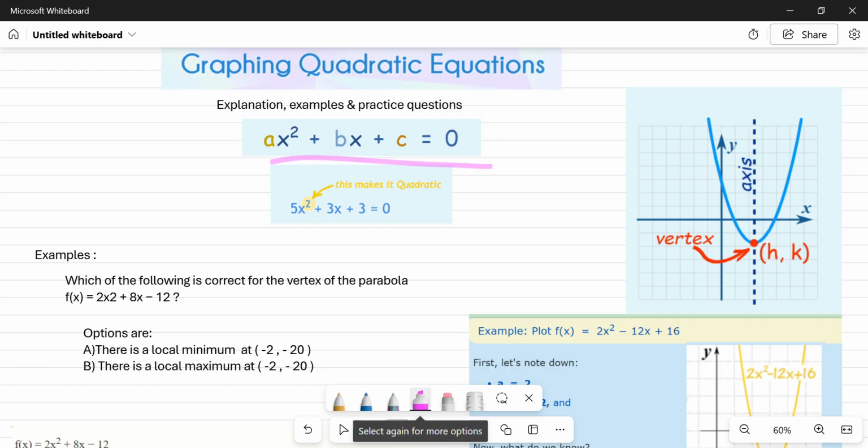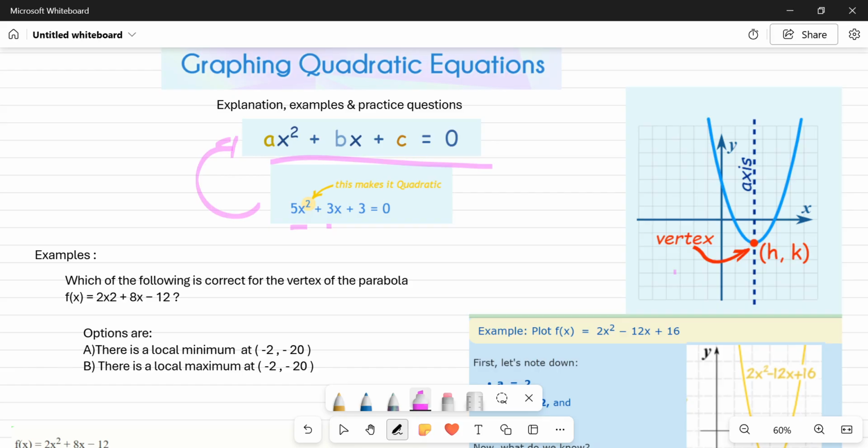This is the general standard form of the quadratic equation, in which a and b are the coefficients, and c is basically the constant. So I'm referring to this example with this standard form.